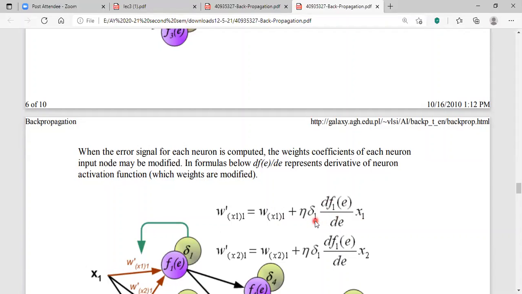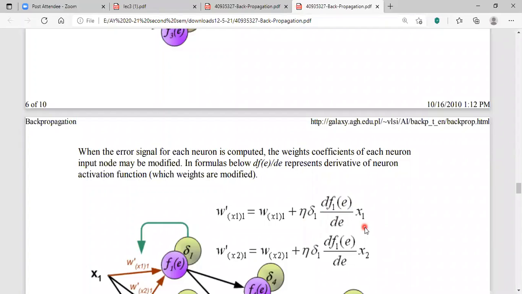So here comes your error signal, the product of your learning rate, error signal and derivative of your neuron activation function into x1.